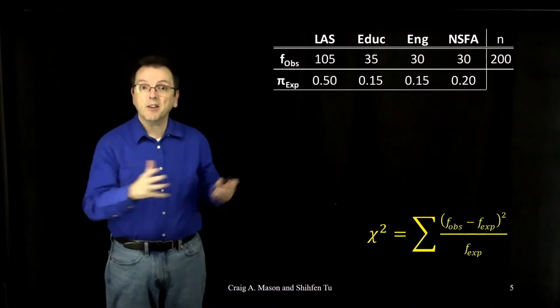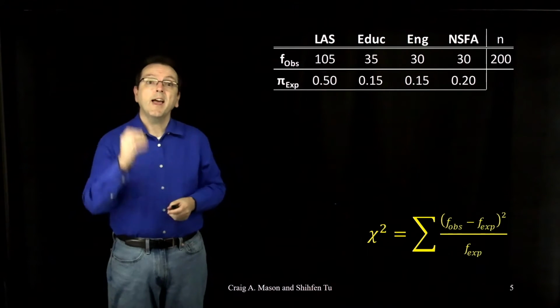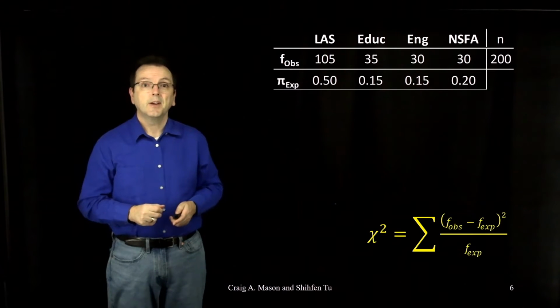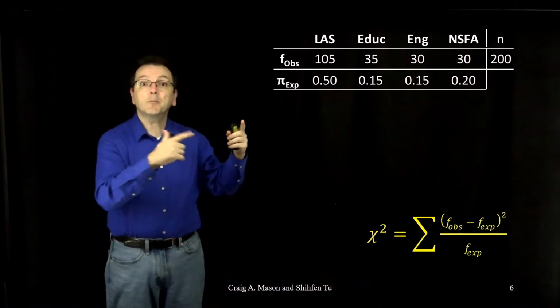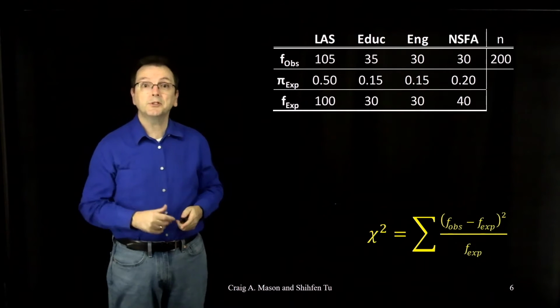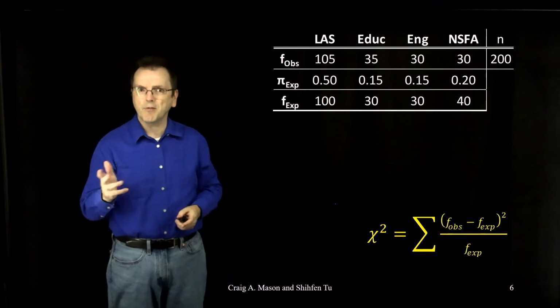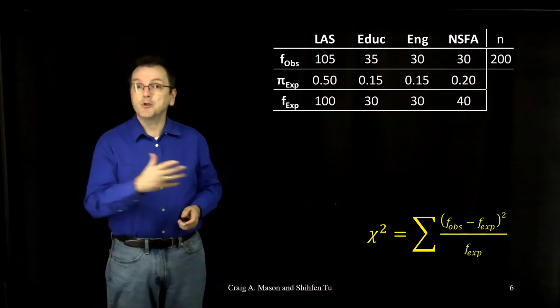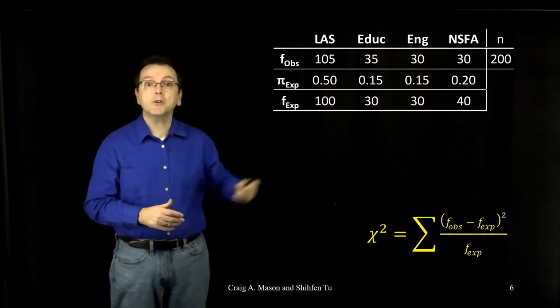Now, based on those expected proportions, how many students would we expect to see? Well, we just need to convert the proportions to the number of students. That's pretty straightforward. We just multiply the total n of 200 by each proportion.